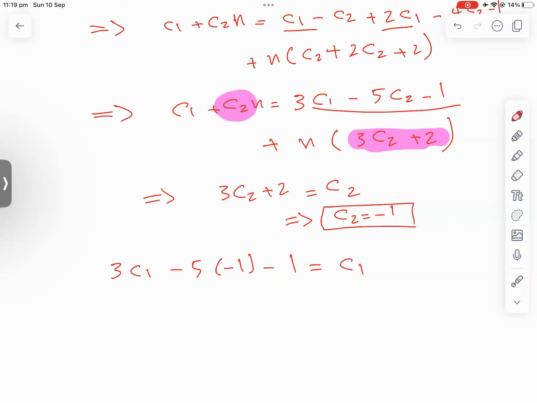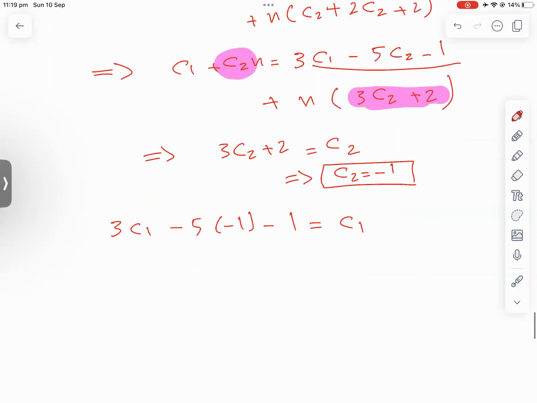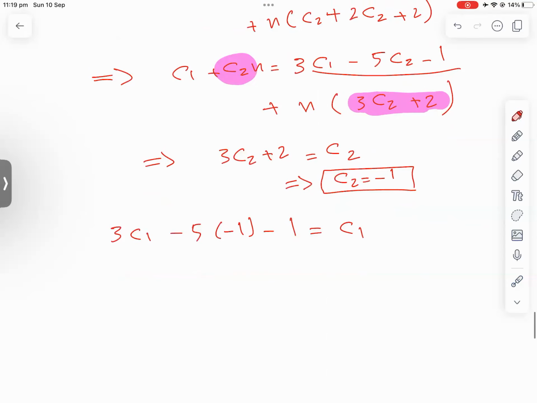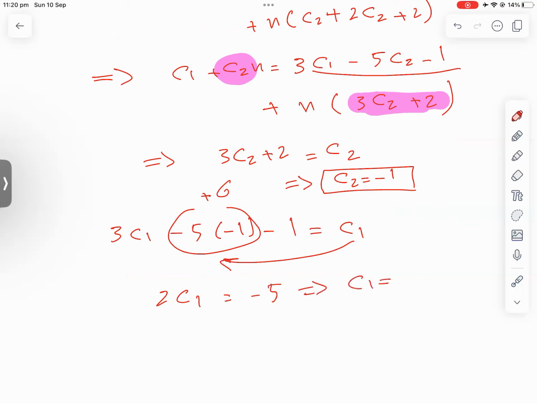So that's how we find C1 and C2. So C1, from here, this comes to this side, it will be 2C1, and this is positive 6 with minus 1 going to the other side, will be minus 5. So from here, C1 is minus 5 over 2.